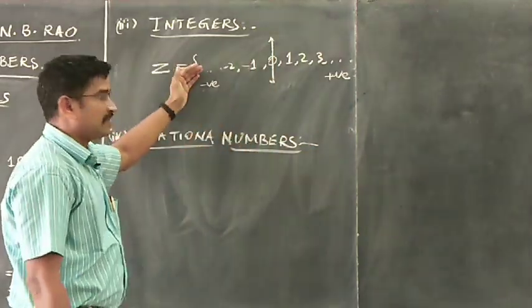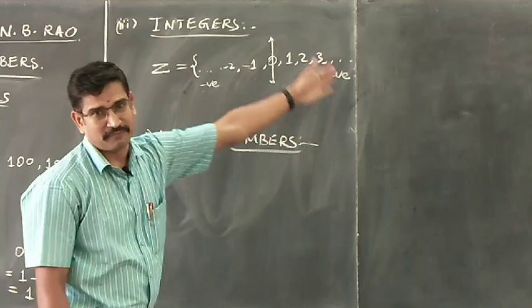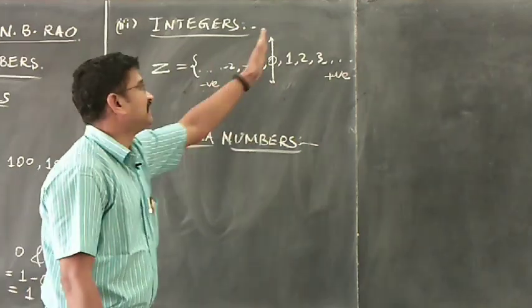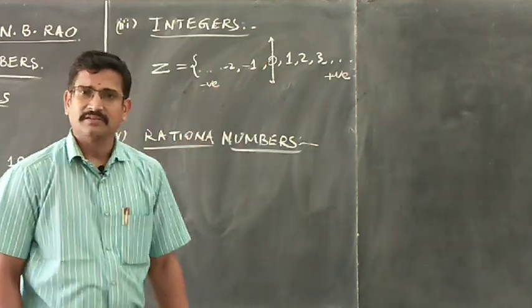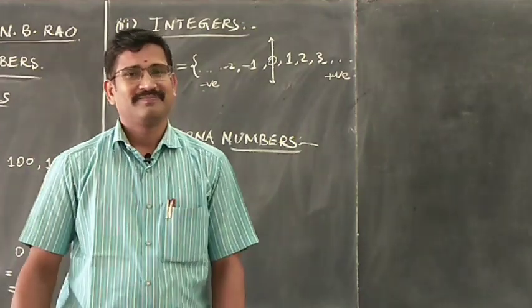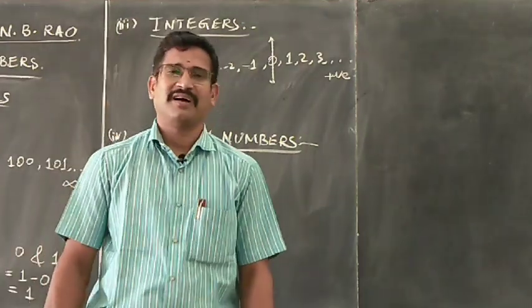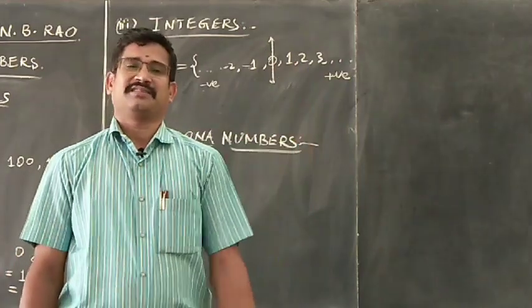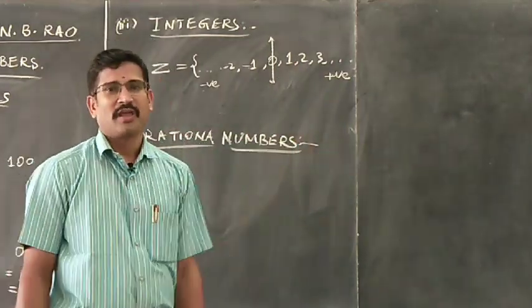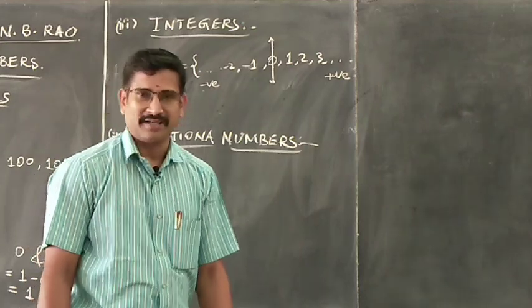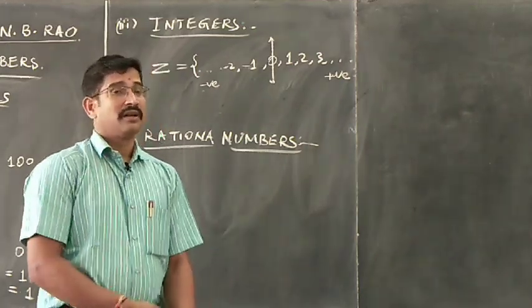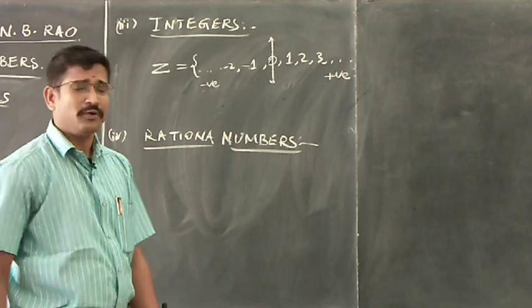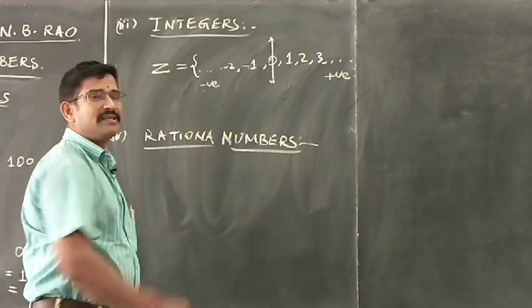Negative integers, that is, images of those natural numbers, as I said. And 0. Can I have an image for 0? No, it is just because the image of the mirror is on the mirror itself. That's how there is no negative form of 0 or image of 0. Children, here can you tell me the smallest integer?